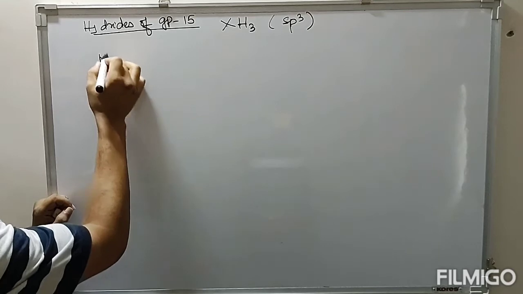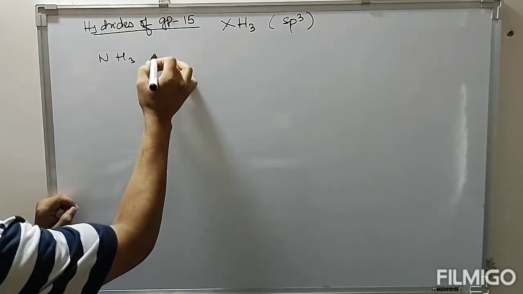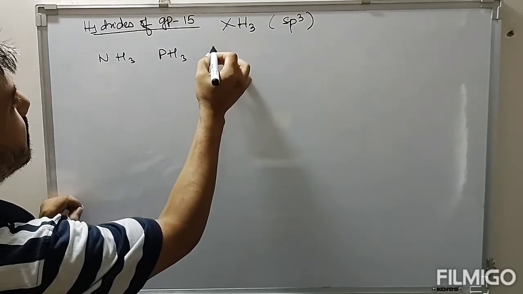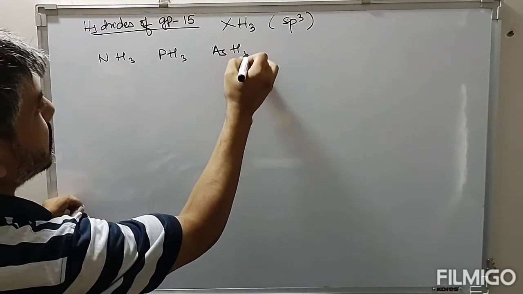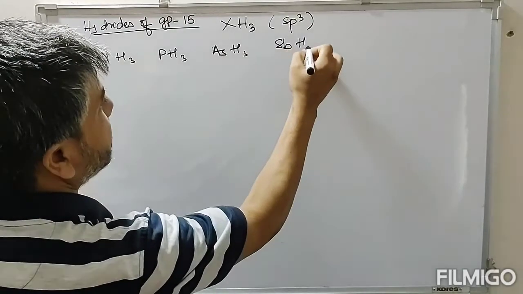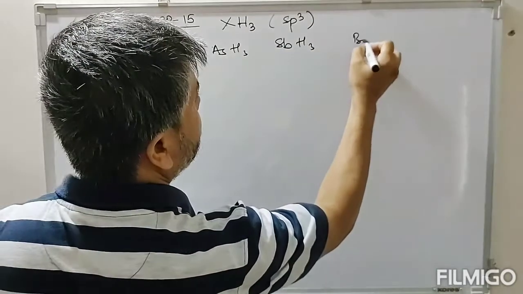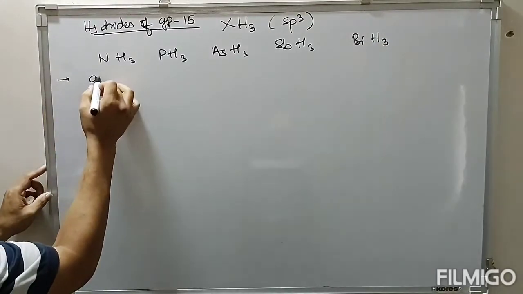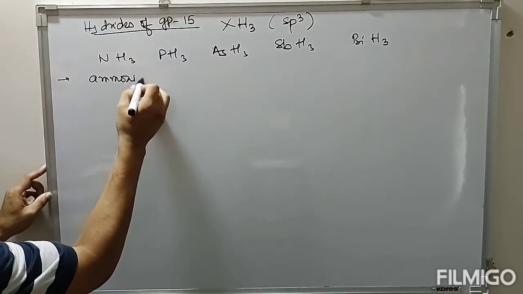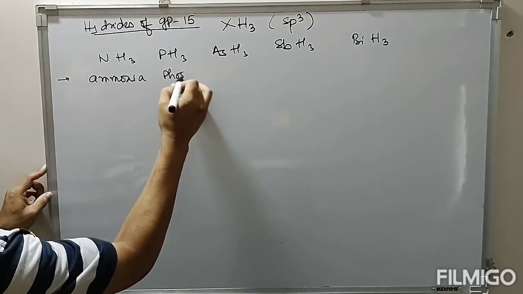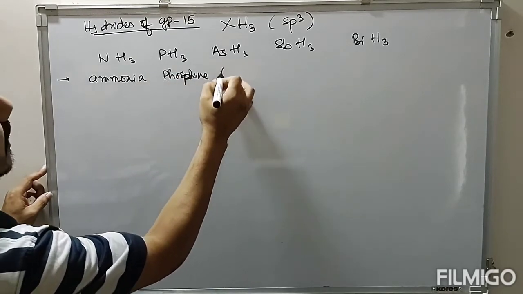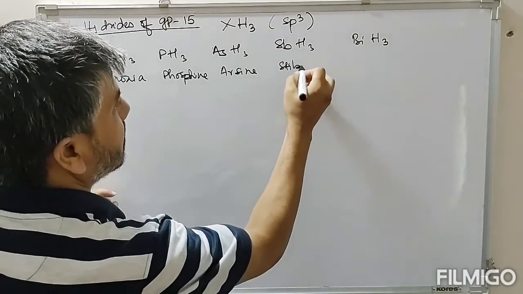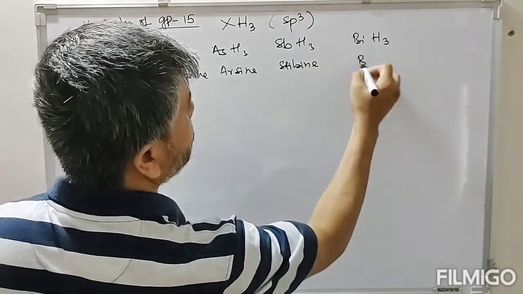So we have NH3, PH3, AsH3, SbH3, BiH3. Their names are ammonia, phosphine, arsine, stibine and bismuthine.